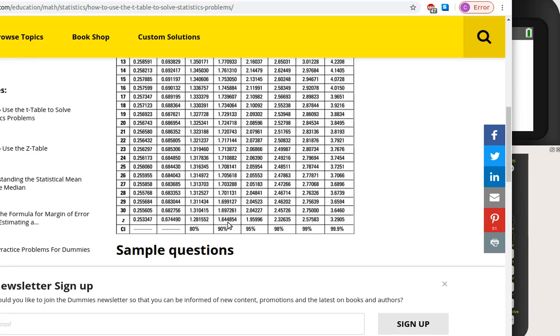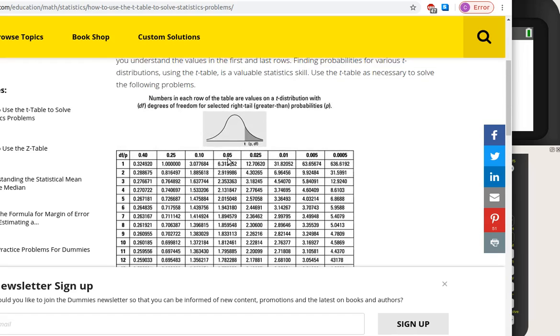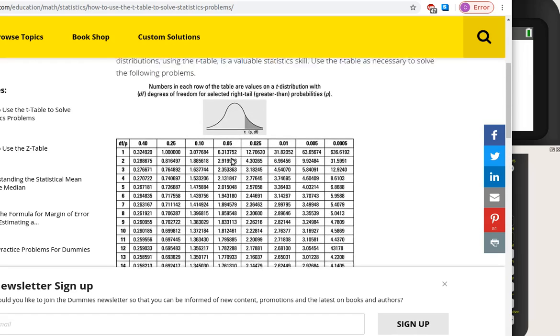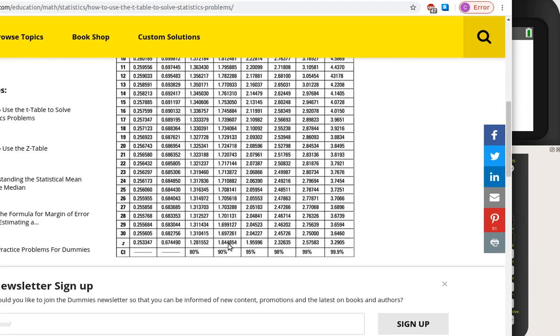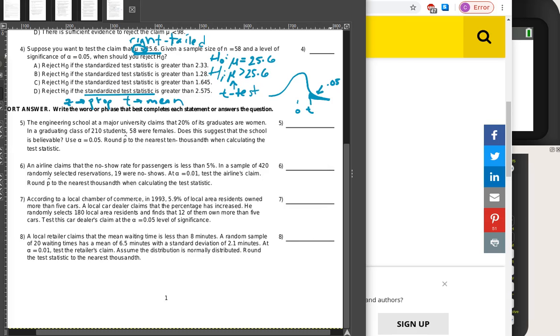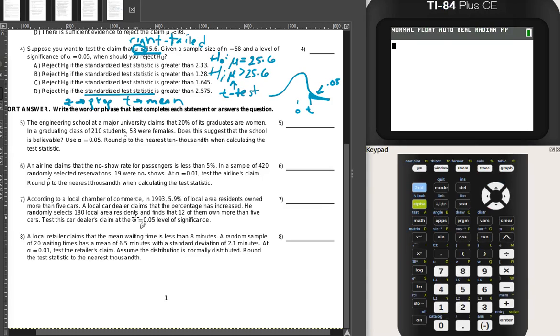Since our degrees of freedom is too large, we can just opt for the last value on the table. We're looking for the column that corresponds to the level of significance 0.05, and following it down, that's the value 1.65. So that's the appropriate t value for this one.